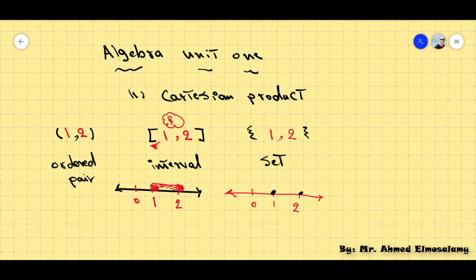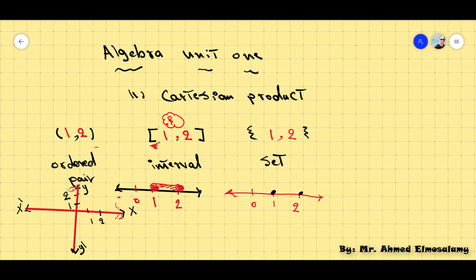So what is the difference between ordered pair, interval, and set? We can represent this ordered pair in the Cartesian coordinate plane like this. X-axis and y-axis. So we have here x dash, y, and y dash. Here we have 1, 2, and here 1, 2.